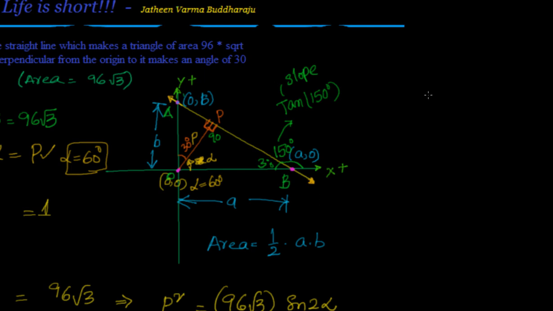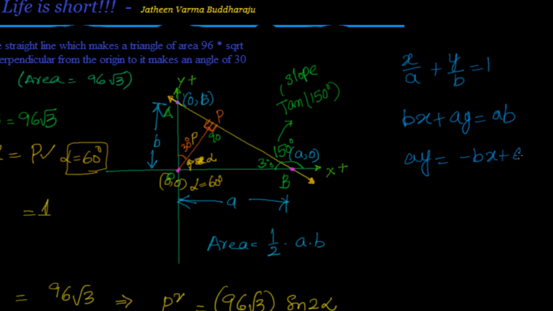Now let us take the intercept form. Intercept form says x by a plus y by b equal to 1. If you convert this into a standard form, you will have bx plus ay equal to ab, or ay equal to minus bx plus ab. What I want to find out is the slope of this, which is minus b by a into x plus b.